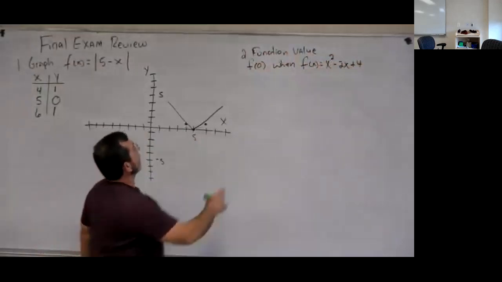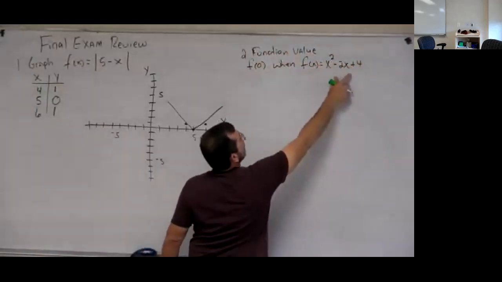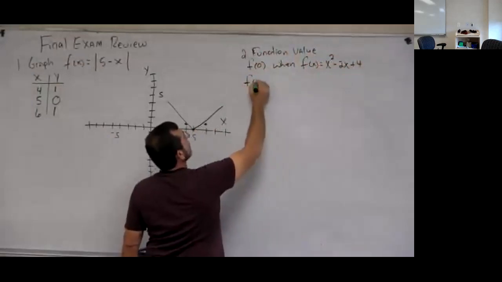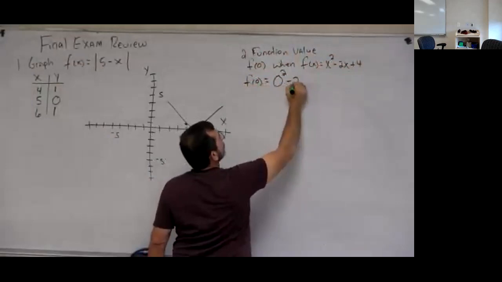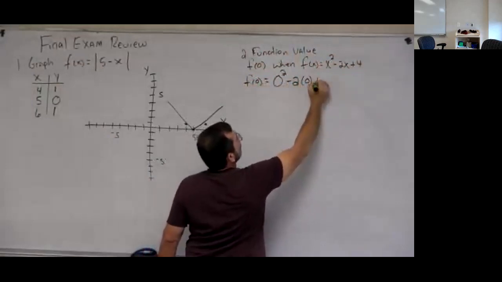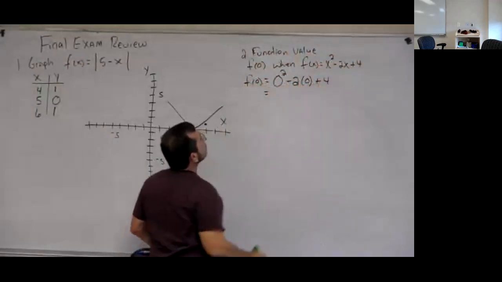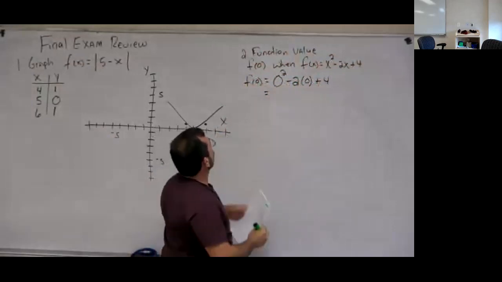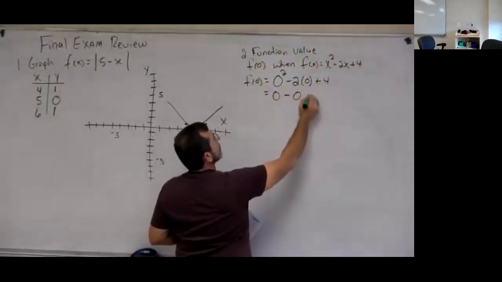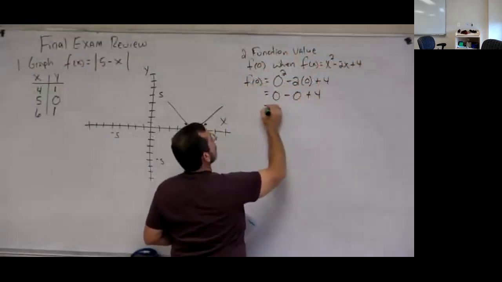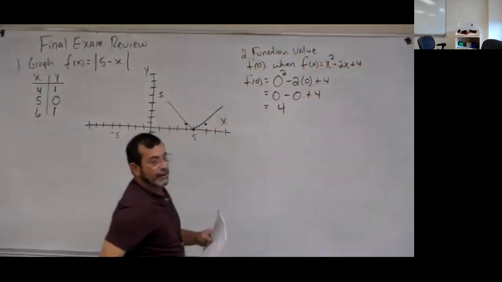So basically, f of 0 wants me to put 0 in for my x's. So I'll have 0 squared minus 2 times 0 plus 4. So 0 squared is 0, minus 2 times 0 is 0, plus 4, and if I add all that together, I will get 4.